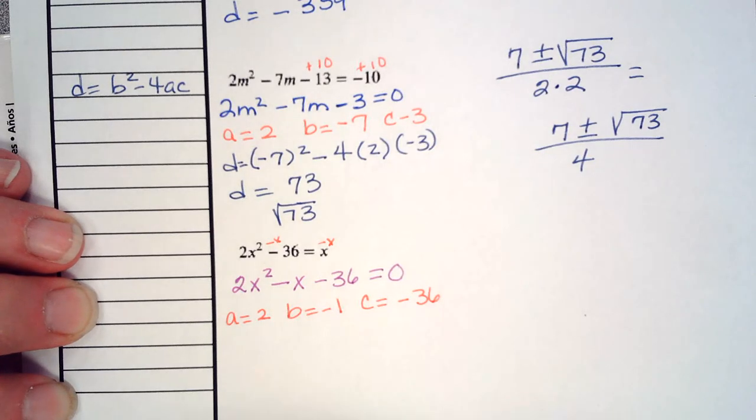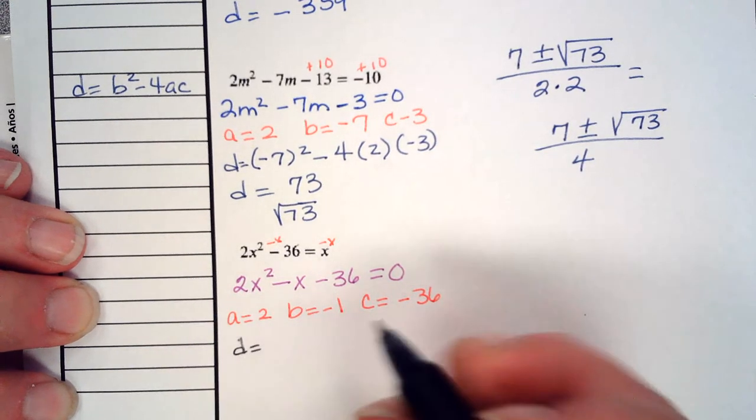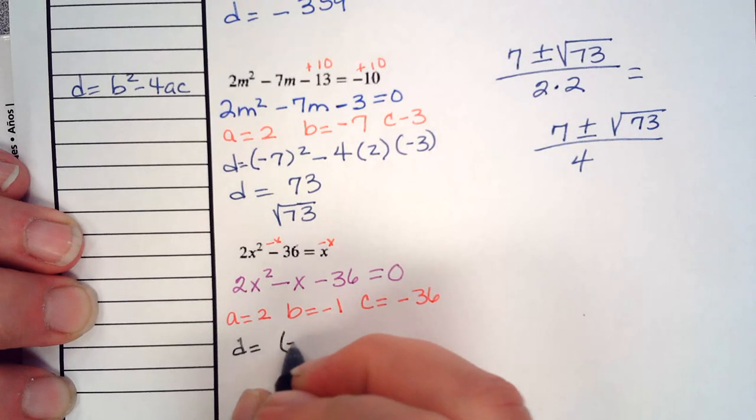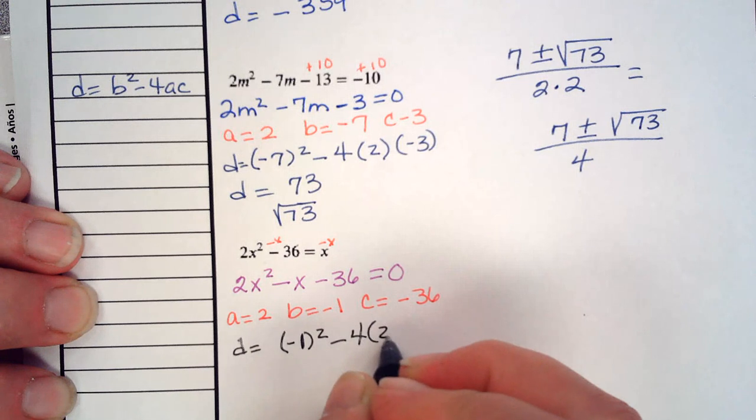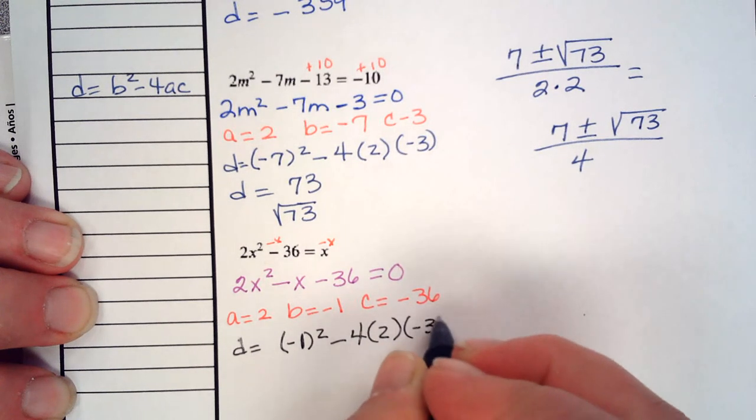For our discriminant, so this will be negative 1 squared minus 4 times 2 times negative 36.